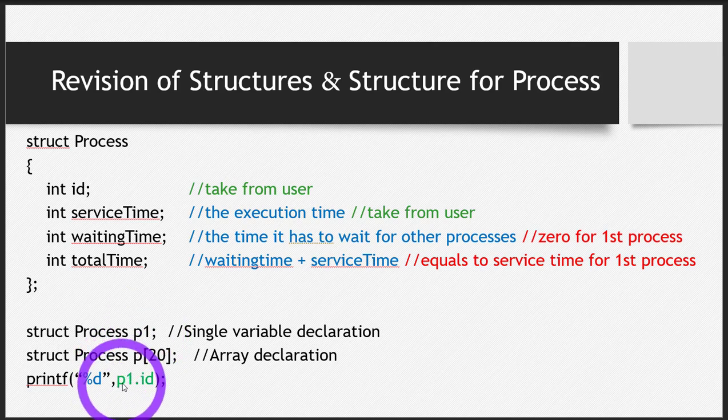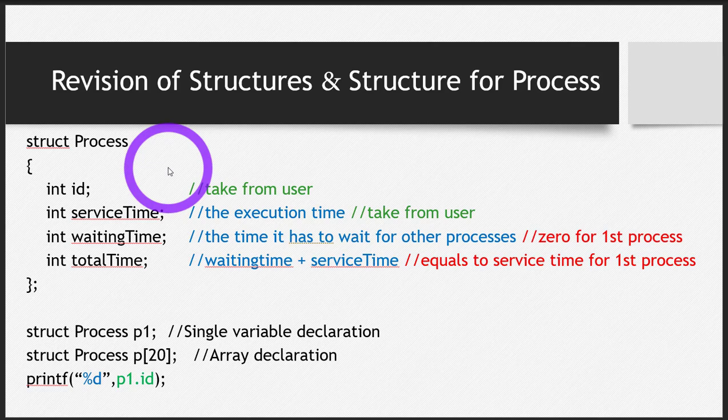You will write P1, then the dot operator, and then the name of your member. So the name of our member right now is ID. We want to access ID, so we will write ID here. If we wanted to access service time, we would have written service time. So P1 dot ID or P1 dot service time. That's how you access any member of structure.